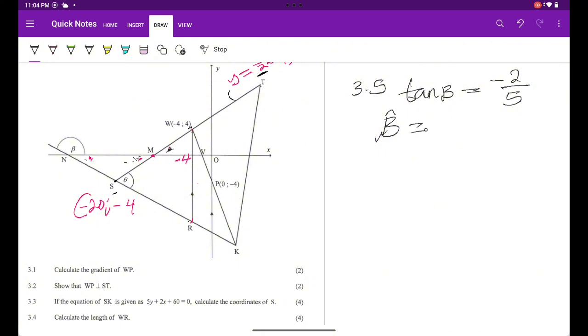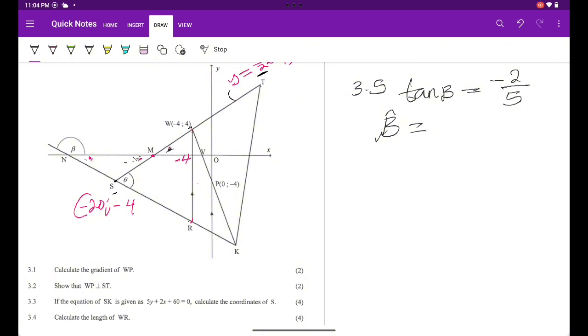Now to get the angle, we have shift tangent of this angle, but then because it's negative, we might as well start with 180 and we subtract this angle, shift tan this angle. We can just use our calculators to actually get the answer there.